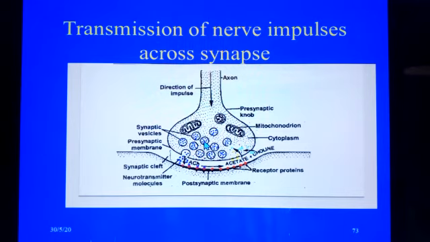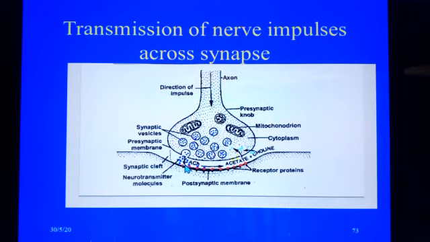Once they rupture, they release a substance that is very critical in transmission of a nerve impulse. This is what we call acetylcholine. Remember, this is chemical, and that's why we said transmission of a nerve impulse along the axon is electrical, but across the synapse is chemical.